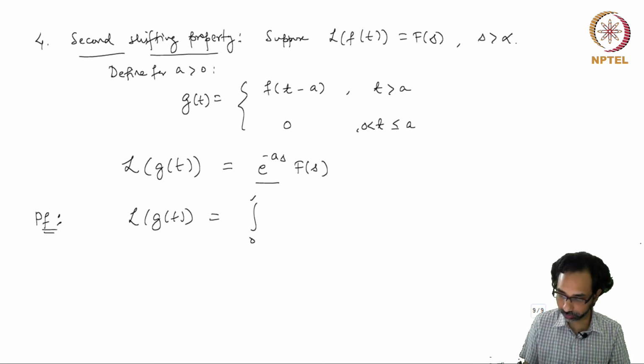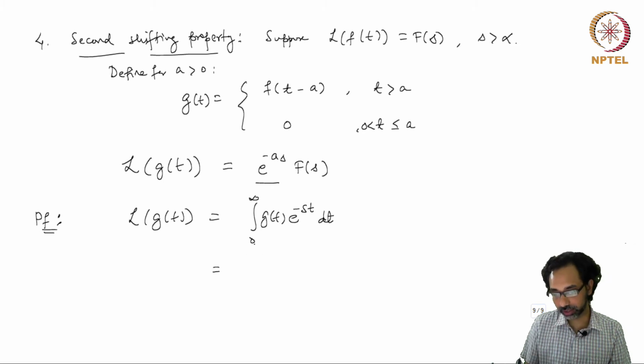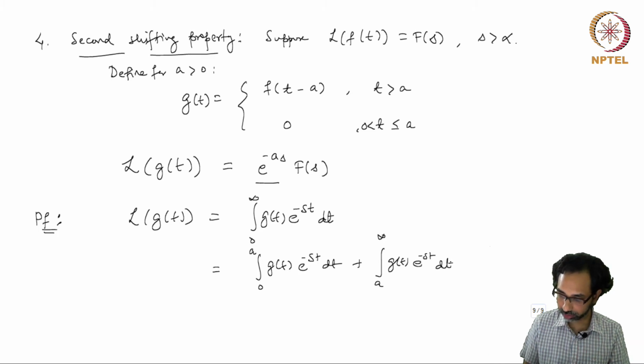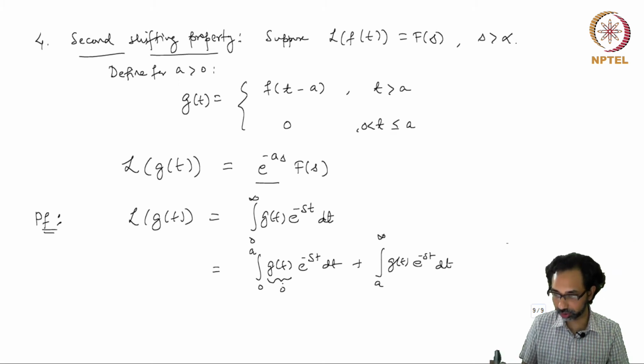So we can simply write out the definition of the Laplace transform of g(t), but we can now break this integral, which is from 0 to infinity, into two regions: from 0 to a of g(t) e^(-st) dt plus a to infinity of g(t) e^(-st) dt. Now in the region 0 to a, g(t) is simply 0.